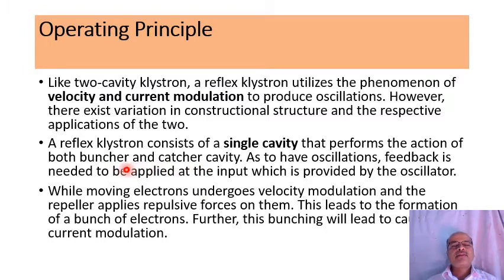So in a two cavity klystron there are buncher and catcher cavities, but in the reflex klystron only a single cavity is there. To have oscillations, feedback needs to be applied at the input, which is provided by the oscillator. While moving, electrons undergo velocity modulation, and the repeller applies repulsive forces on them. This leads to the formation of a bunch of electrons. Further, this bunching causes current modulation.